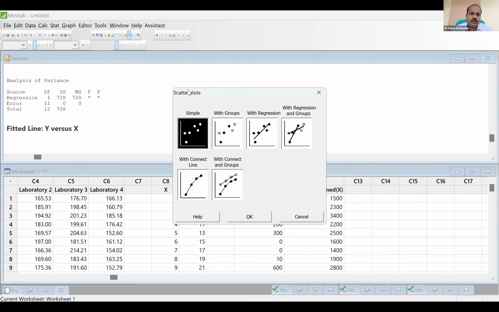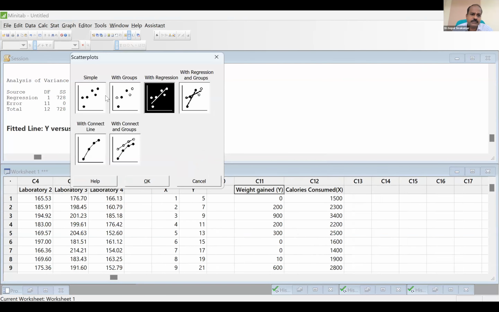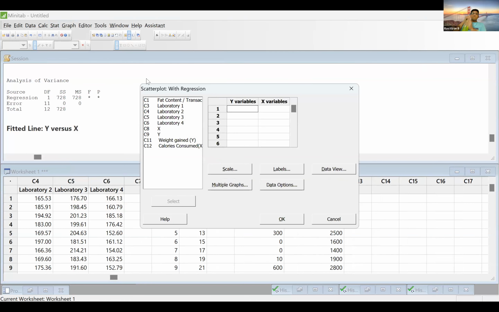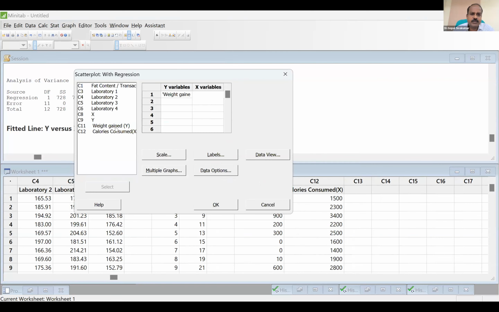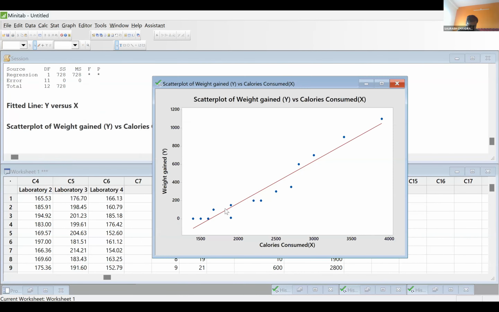For plotting the scatter plot, you have two options, with the regression or without also. Let me choose with the regression. And now your Y variable is column 11, X variable is column 12. Now you give okay. Can you see the scatter diagram, all of you?